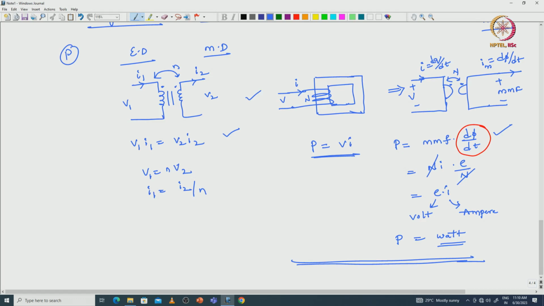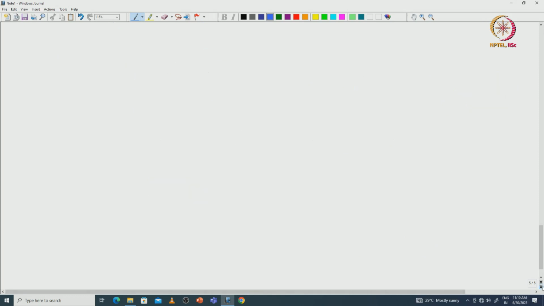Next, how to satisfy conclusion 2: power should not dissipate in a magnetic circuit with our representation as a resistance. For that, we have to utilize some storing element.